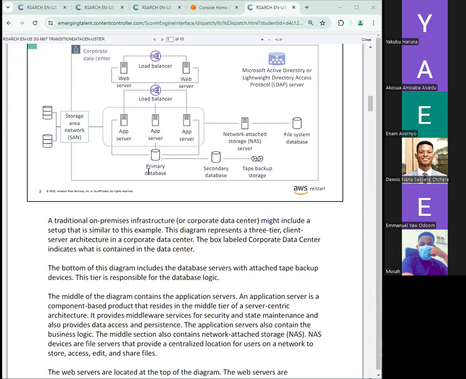Okay, so the way the primary database focuses on relational data, the file system database would focus on more than just the text or relational data. So the absolute path that I spoke about would be stored in a file system database rather than just the primary database.